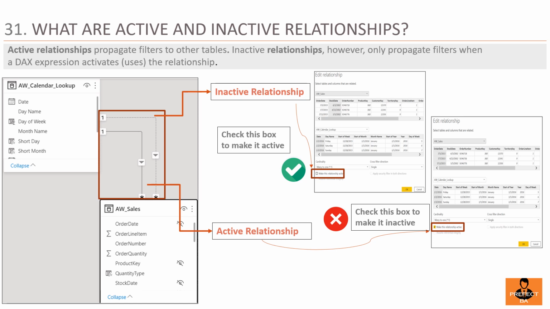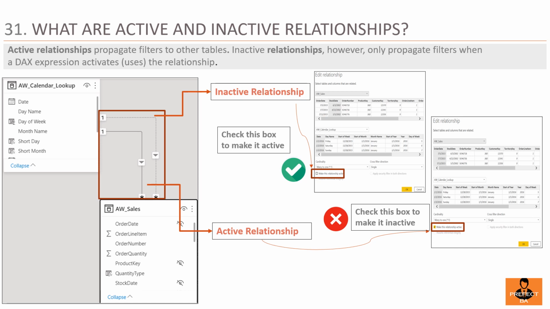In Power BI, analysts can only create one active relationship between the same tables at the same time. But sometimes there occurs a need to create multiple relationships between the tables. Thus, analysts need to properly identify which relationships are active and which ones are inactive.